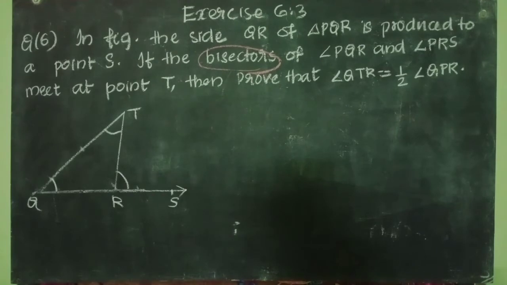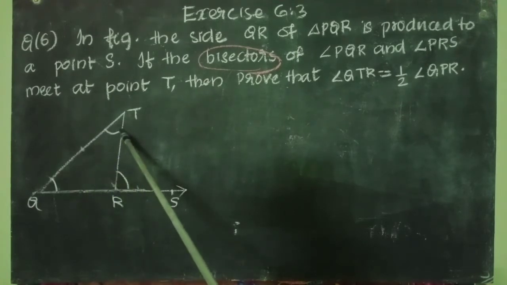So let us discuss the proof. Consider the triangle TQR. You can see triangle TQR here, and consider this angle TRS. We know TRS is an exterior angle, and by the exterior angle property, the exterior angle equals the sum of the interior opposite angles.